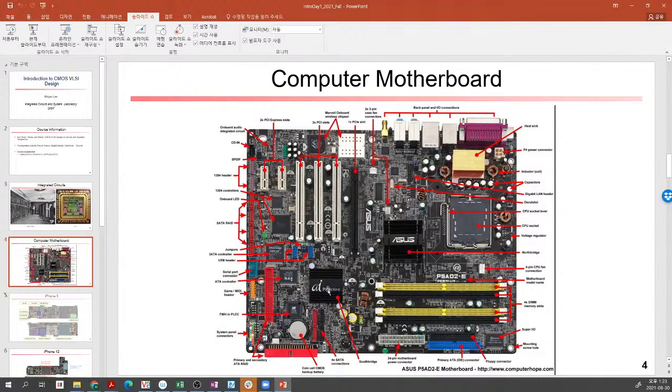We also have a Southbridge chipset that handles the data transfer between the I/O, like disk drives and other external devices. You have SATA connectors here, and probably these are controllers. So you can see many components in this motherboard.